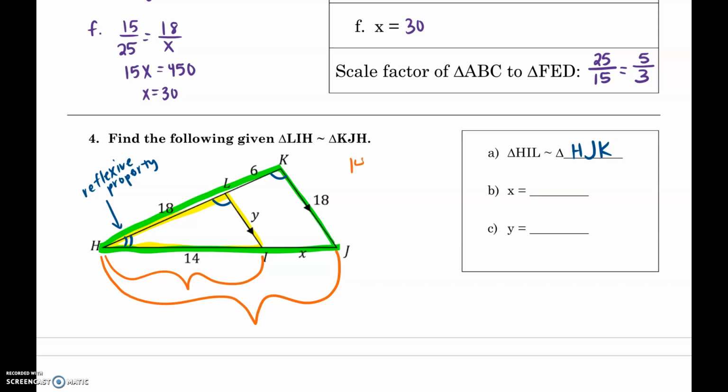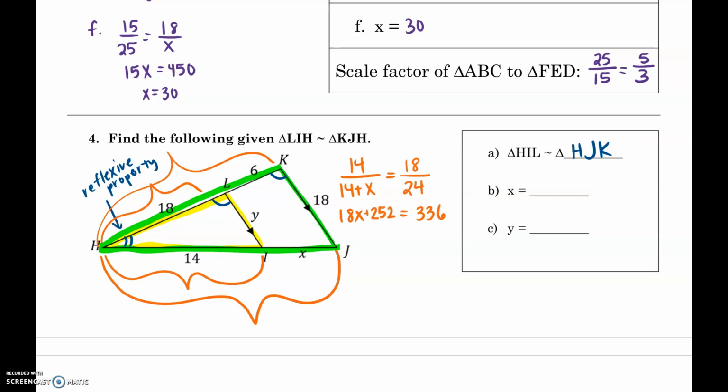So we have 14 over 14 plus x, and then we have to pick another side. So I'm going to pick HL, which is 18, and HK, which is 18 plus 6, or 24. So now here I can cross multiply.